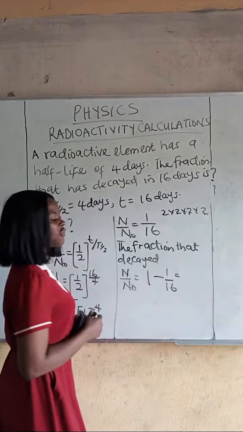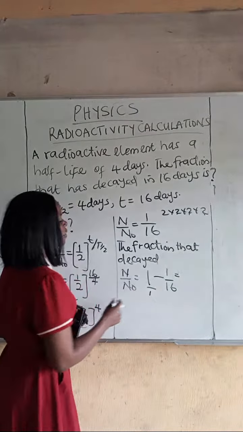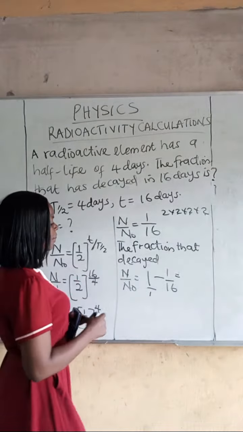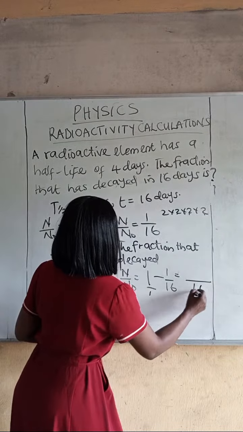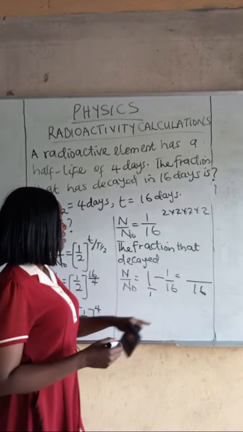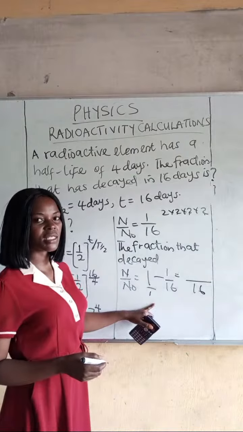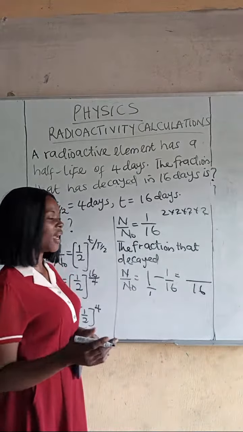Now, if you want to take it further, this should be over 1. To get the LCM, the LCM will be 16. 16 divided by 1 gives 16, 16 times 1 gives 16.